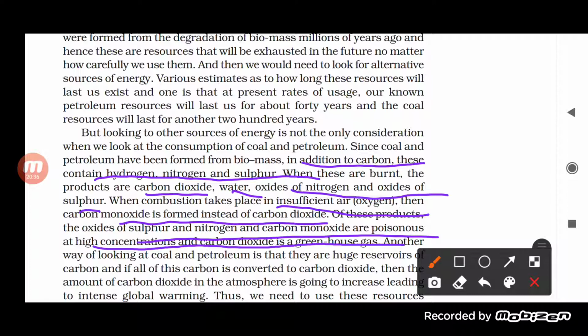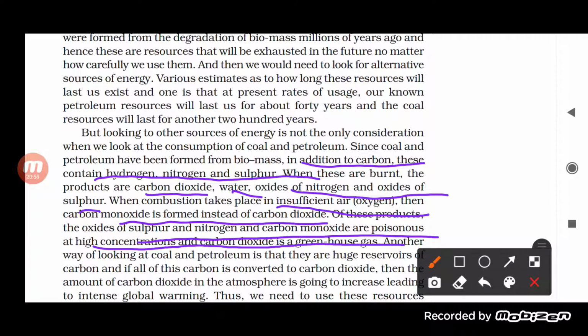Actually, sulfur dioxide and nitrogen dioxide will cause acid rain in the environment. Carbon dioxide is called a greenhouse gas. Yes, it helps in maintaining the temperature. It helps in increasing the temperature of the environment. That's why it is called a greenhouse gas.